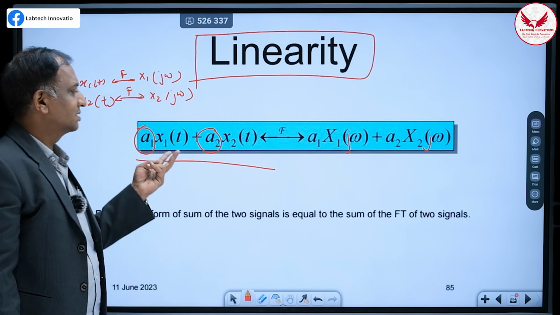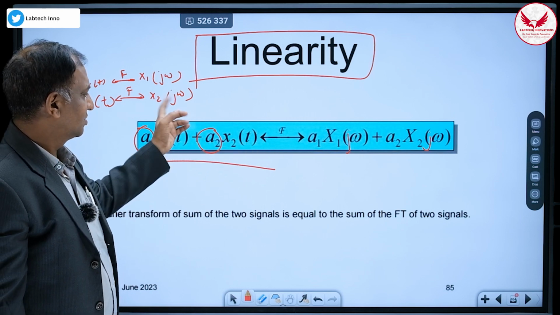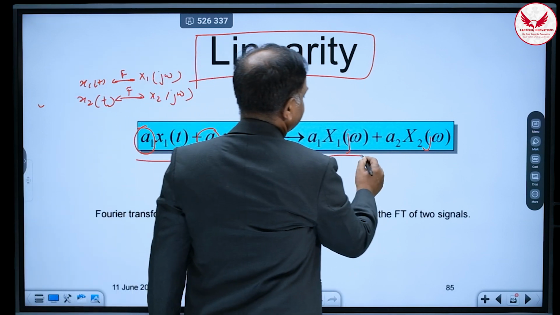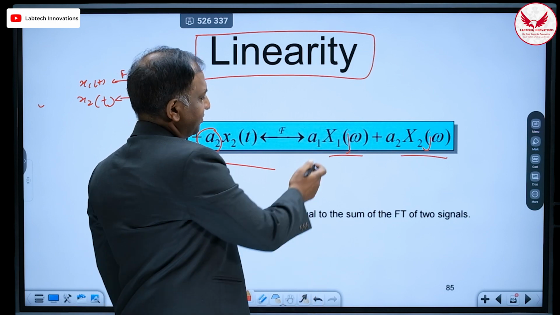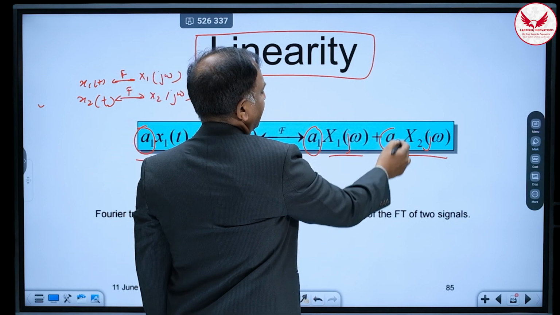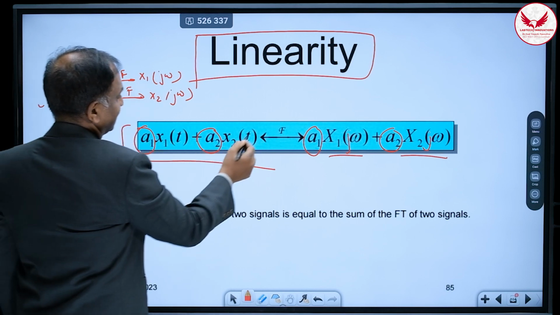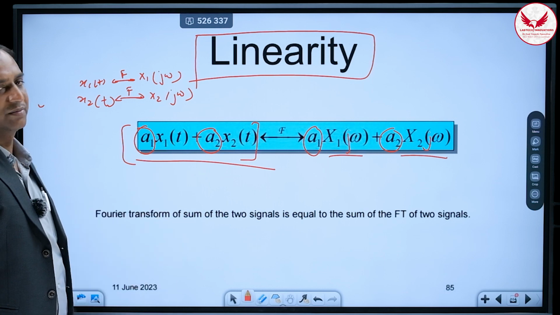So even if you add the signals in the time domain, the Fourier transform is the addition. You can find the individual Fourier transforms, multiply by the weights a1 and a2, and add them, and it will give you the Fourier transform of the whole signal. So that is the linearity property, and it is used at many places.